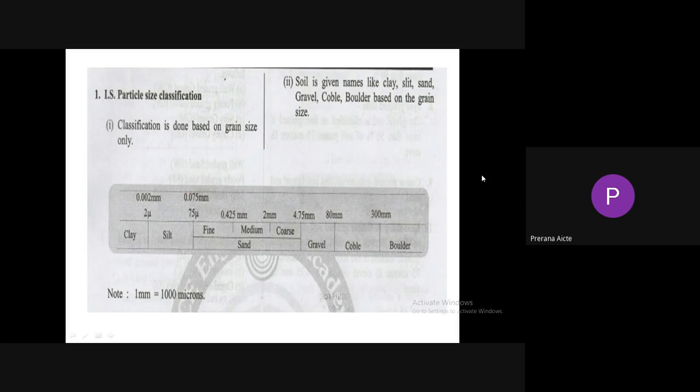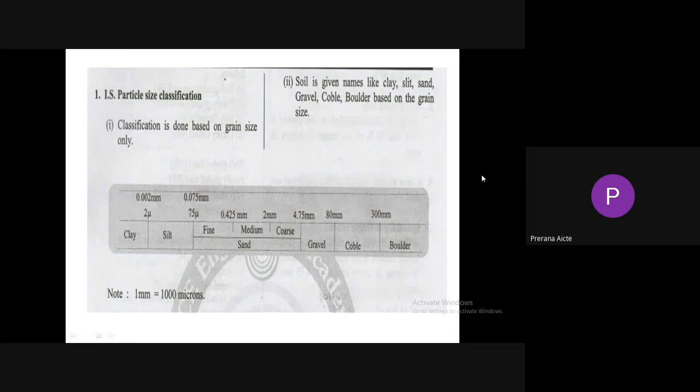If the particle size is greater than 80 mm and less than 300 mm, the soil is termed cobble. If the particle size is greater than 300 mm, the soil is treated as boulder.